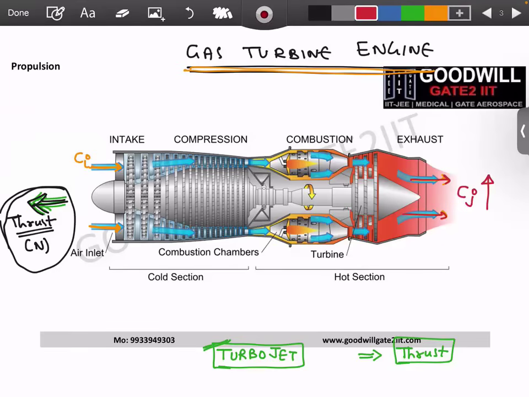C is the velocity term, and J we are saying is the jet velocity, or you can say C out also if you want. But CJ is a typical nomenclature followed in all the books. So at the entry you have low velocity, and at the exit you have very high velocity. And we will talk about mass flow rates in a bit. But because of this difference between inlet and outlet, there is a force produced in the forward direction.